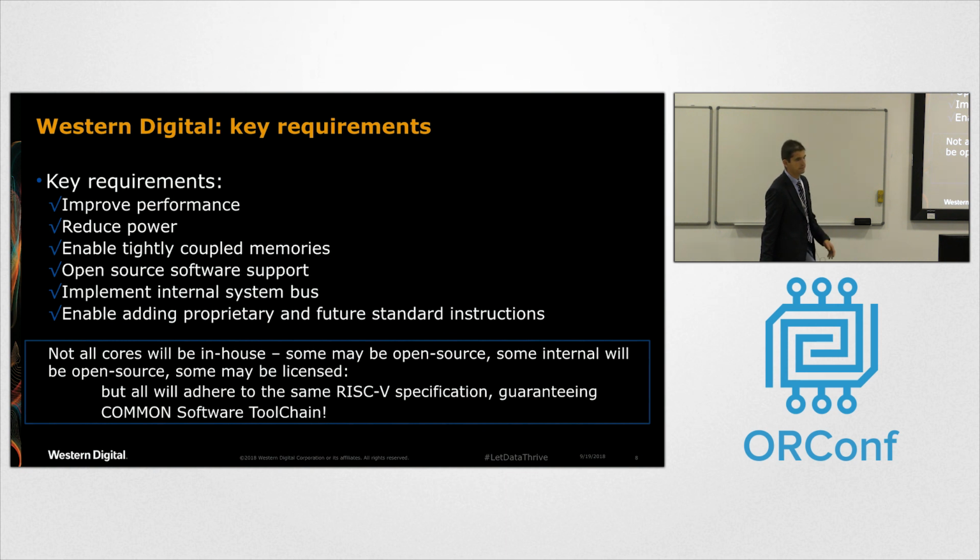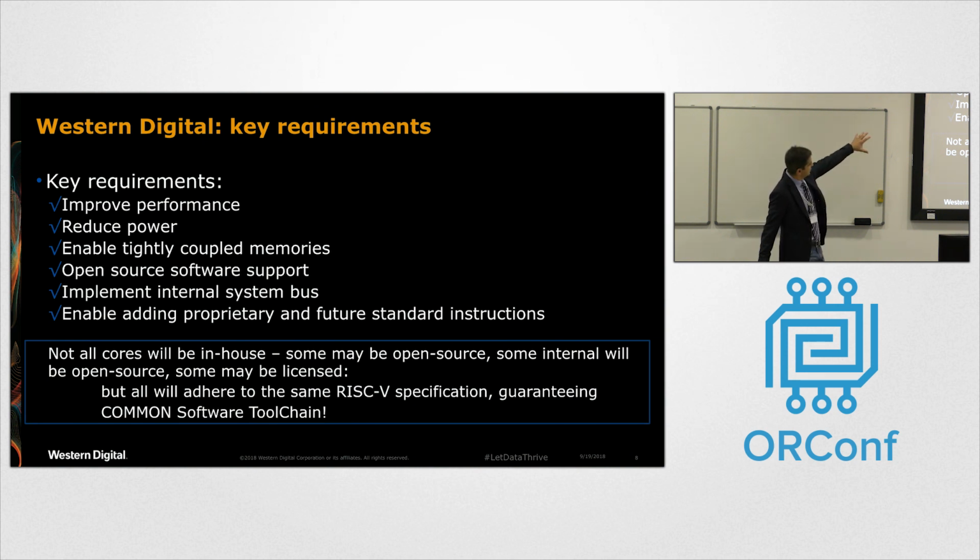Enable some things that are really interesting, like tightly coupled memories enablement. Take advantage of open source software support. So this is actually really nice, having an opportunity to develop a software toolchain that's based on open source software.